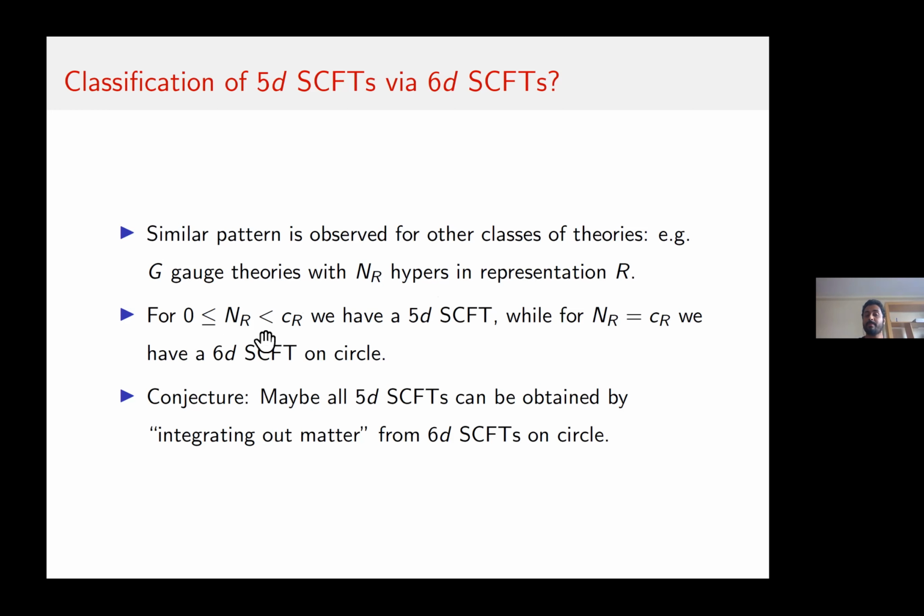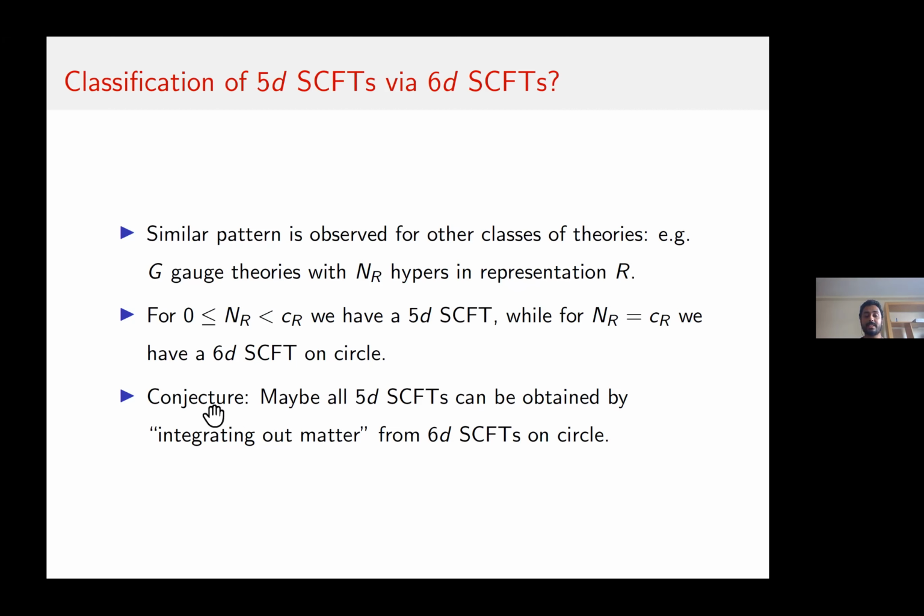If the number of hypermultiplets is less than a critical value, you get 5D SCFTs, while if you had constructed a 6-dimensional SCFT on a circle, then you find a critical number of hypermultiplets. So this leads one to an interesting conjecture that maybe all 5D SCFTs can be obtained by integrating out matter from 6D SCFTs compactified on a circle.